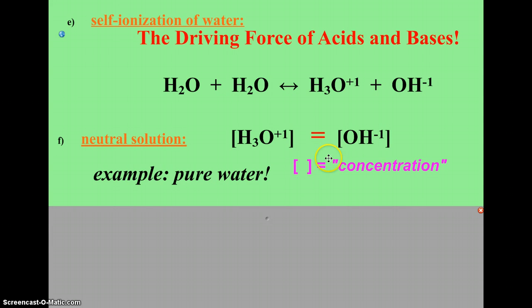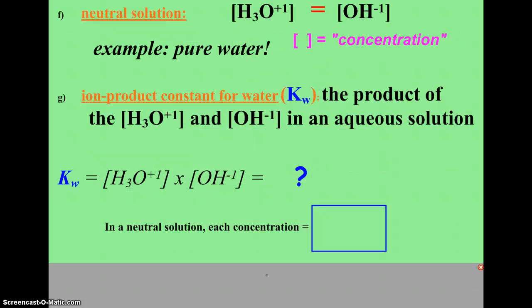The brackets around those ions or around any substance represents concentration. And most likely we use molarity, which we just got done studying. So again, in a neutral solution like pure water, the hydronium ion and hydroxide ion concentration is equal. So what we end up having, again, as the foundation of our acid and base studying, is this ion product constant for water, which we symbolize as Kw.